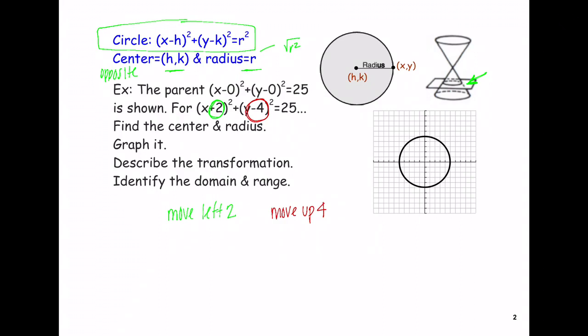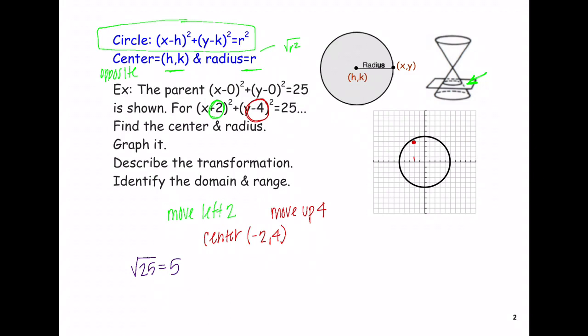So from our center, we can move left 2, up 4, and we can see that our new center of our circle is at (-2, 4), which you should see corresponds nicely with how we moved. We then need to state the radius. So if we take the square root of 25, because that's our r squared, we can see that our radius is 5.